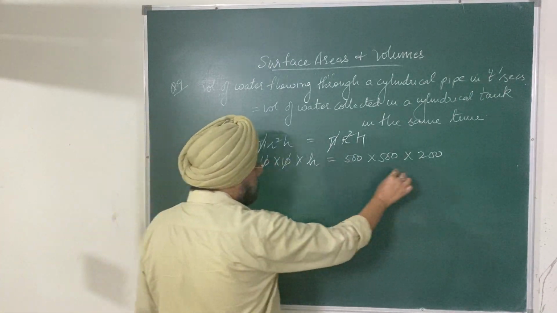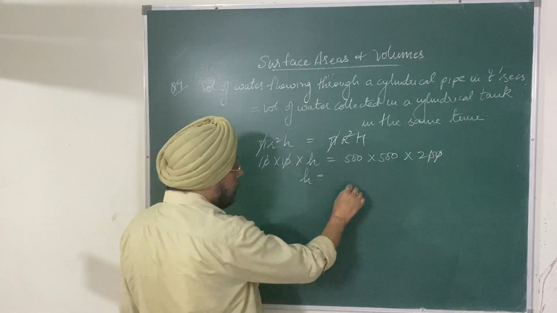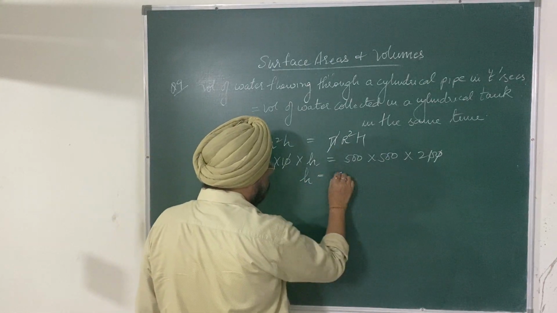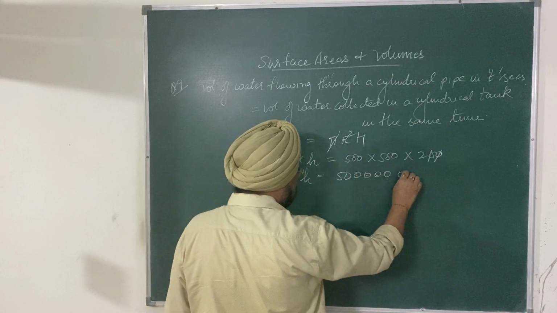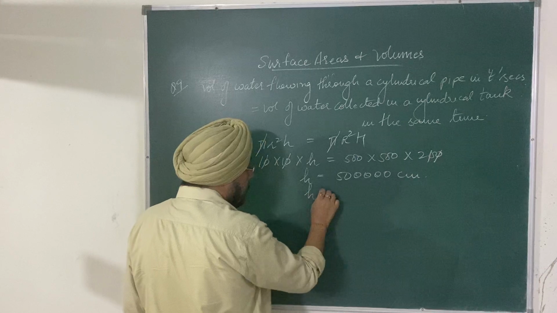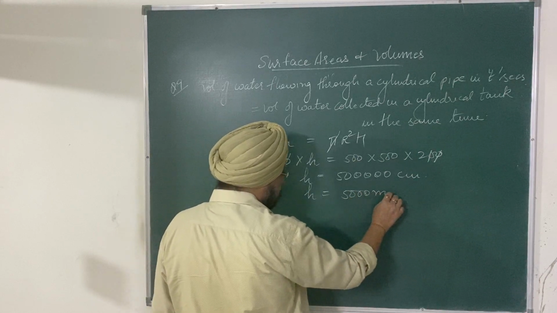So cancel these two zeros, and we get the height of the pipe as 50 and 4 zeros, in centimeter. So divide this value by 100 to get the answer in meters.